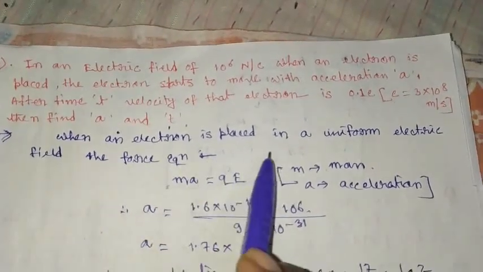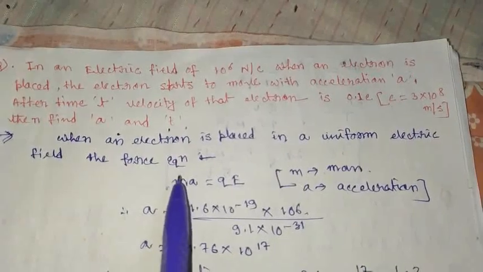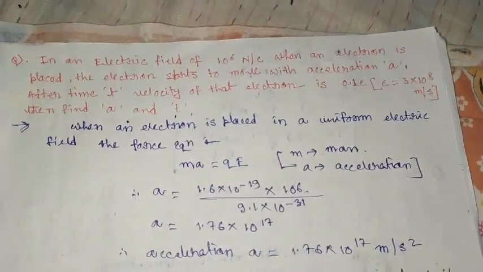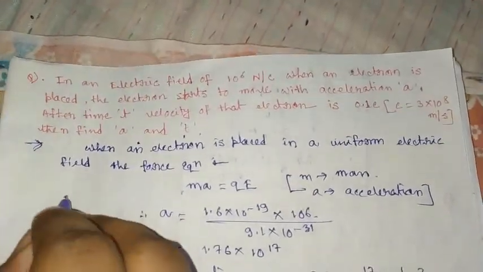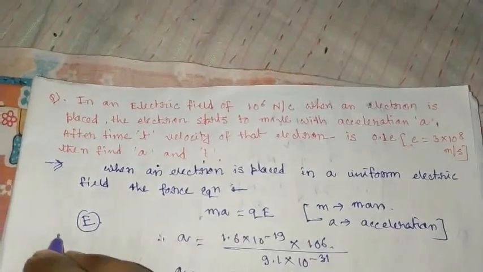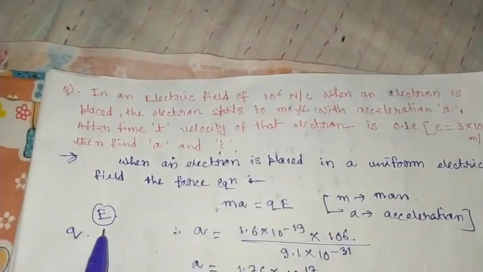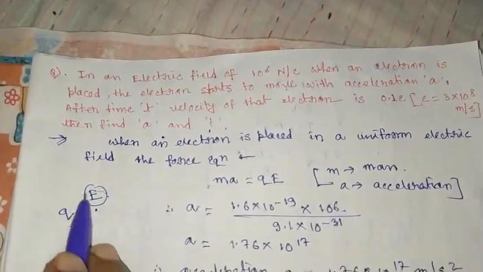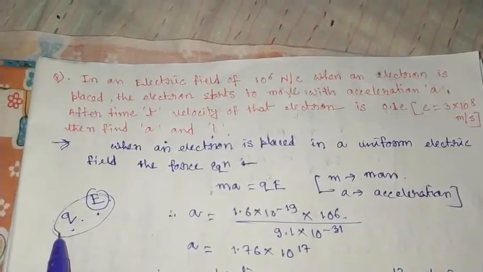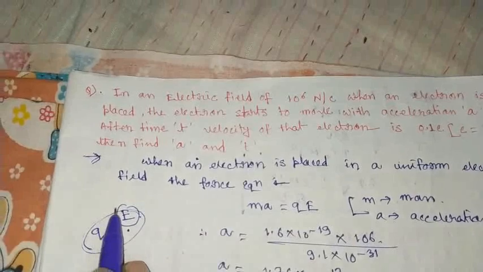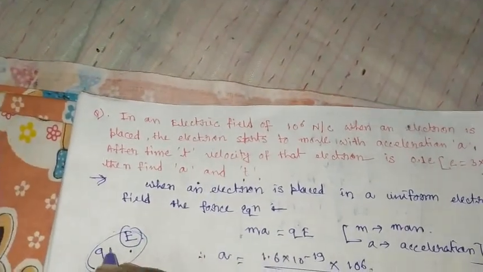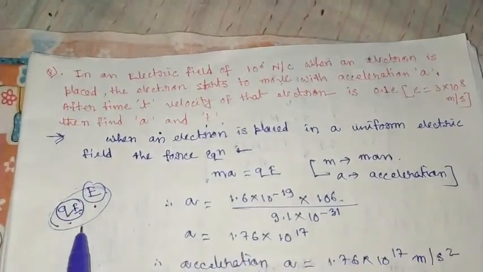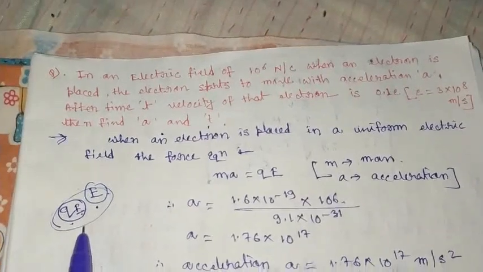So when an electron is placed in a uniform electric field, the force equation is ma equals QE. We know that when a charge Q is placed in an electric field of value E, the force acting on that charge is QE, and due to this force QE, the charge moves along the electric field direction or opposite direction.